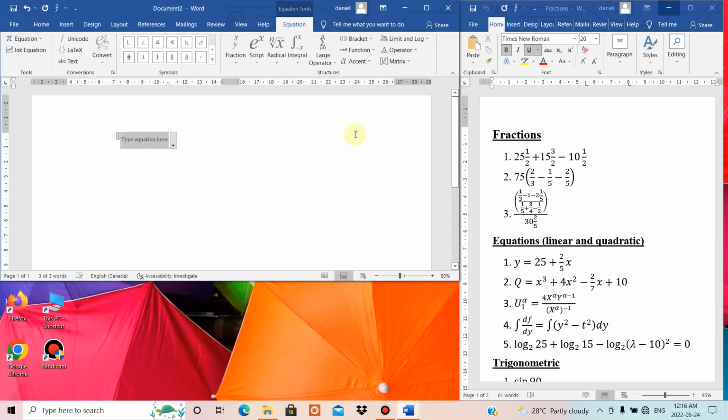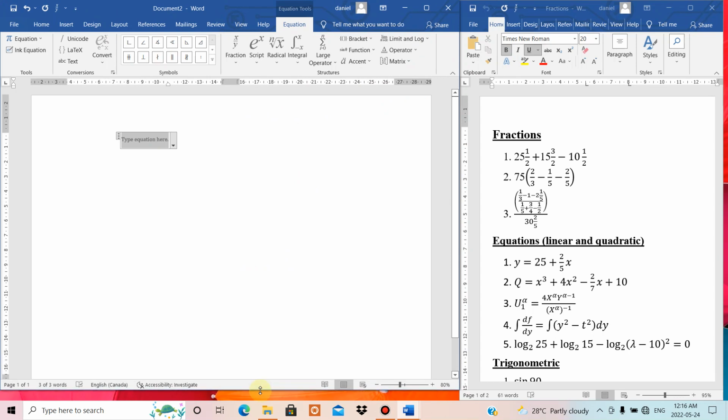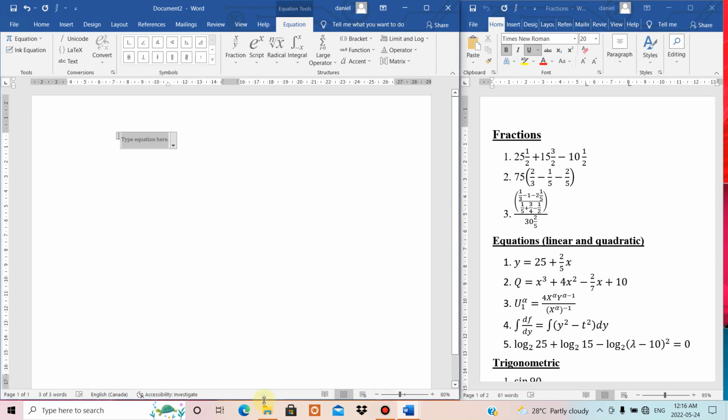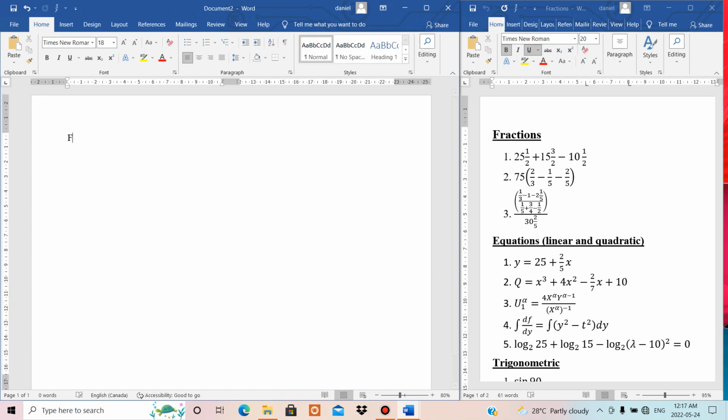I'll minimize this so that I see what we are going to type. So the first is our fraction. The first fraction is 25 whole number 1 over 2 plus 15 whole number 3 over 2 minus 10 whole number 1 on 2. So they are fractions. So let me indicate fractions.